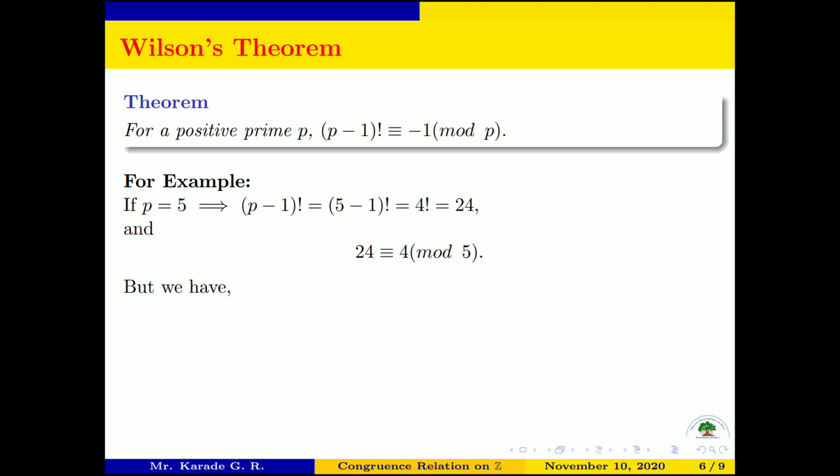But we have 4 is congruent to minus 1 mod 5. Therefore, by transitivity, 24 is congruent to minus 1 mod 5.